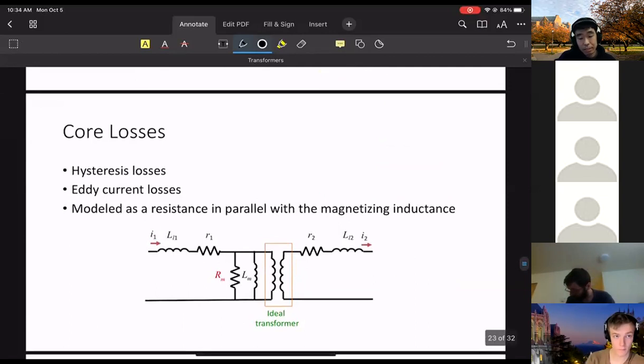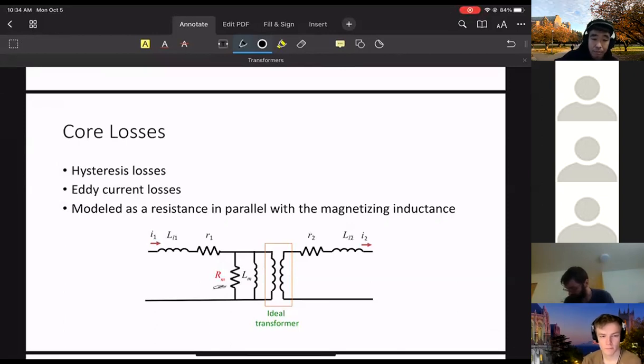So when we have current flow, we'll have this resistance inside the core. You heat up the transformer whenever we flow. There's an induced current flow, and this current flow heats the transformer up because it's not a perfect superconductor. So we have this Rm in parallel as well.